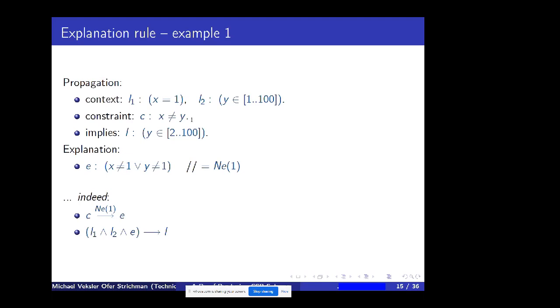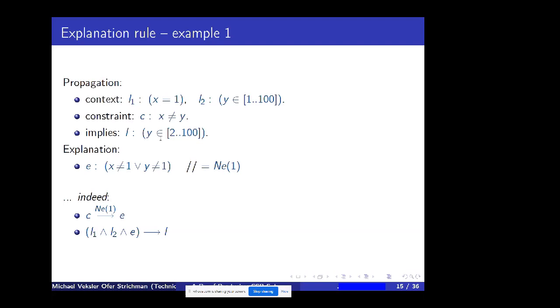Well, first of all, clearly it is implied by C, because all the instantiations of this rule are implied by C. So we don't have to worry there. And the second thing is that E is strong enough to imply L. And let's see that this is indeed the case. So now we're looking at L1, L2, and E. Are these three clauses strong enough to imply L that you see here at the bottom?